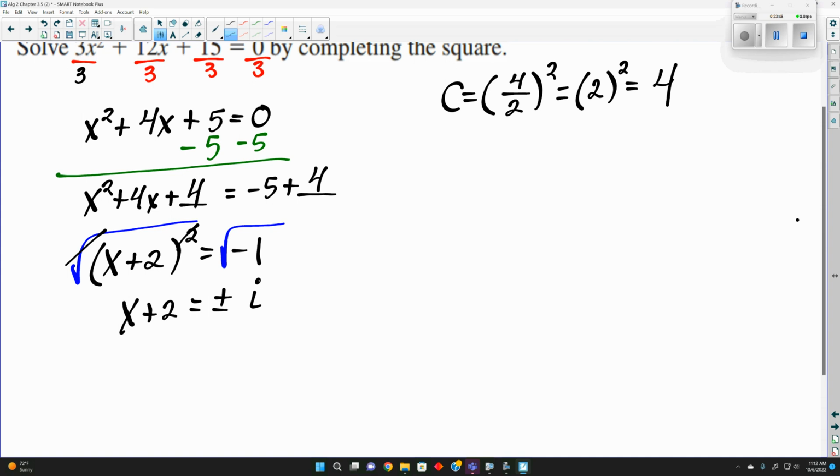Because what we've been doing with it is we'd pull the negative out as i, yes? Which leaves us with what inside? Positive 1. Square root of 1 is 1, so we just have i. Last step, minus 2 from both sides, telling us x is equal to negative 2 plus or minus i. And that's it. Because we had i after we square rooted both sides, we know that these will not combine. We can't combine those 2 terms, so we can leave it as this here.